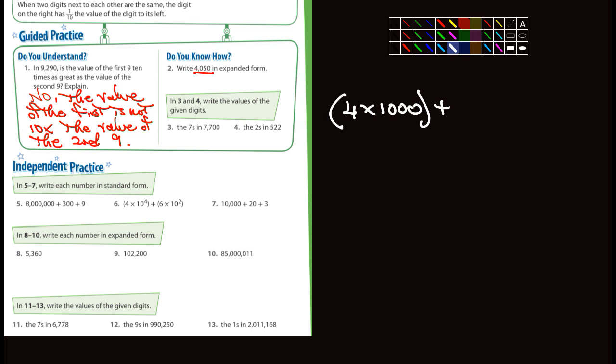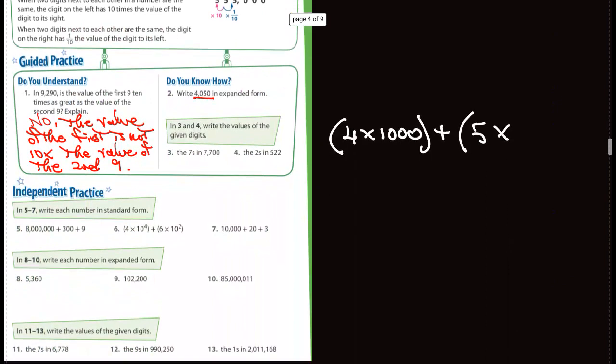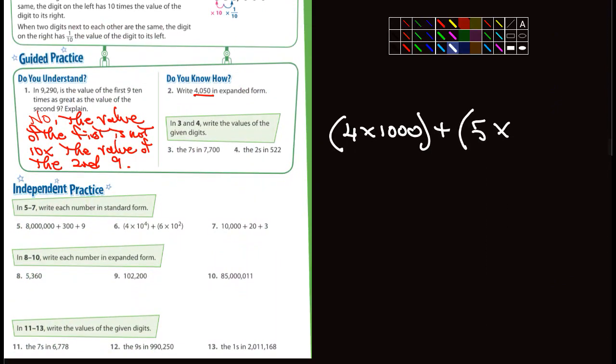Just ignore it. And then there's a 5. So that's going to be plus 5 times. What place is the 5 in? Well, do you remember? That's the tens place. So it'd be 5 times 10. Okay. That's expanded form for 4,050. So where there are zeros, you don't have to worry about it.